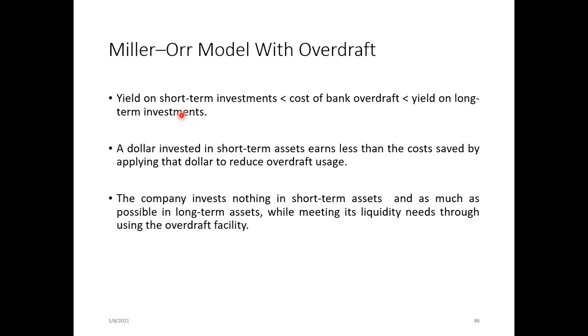So when we compare, the interest rate on short-term investment is less than the cost of bank overdraft, right? If you put your money into the bank, say for example in a fixed deposit, maybe 5%, right?